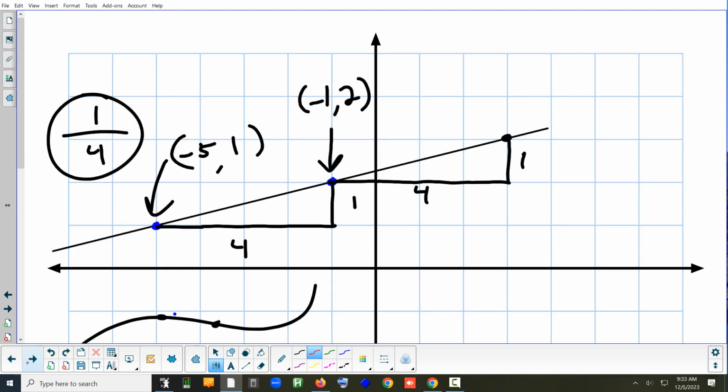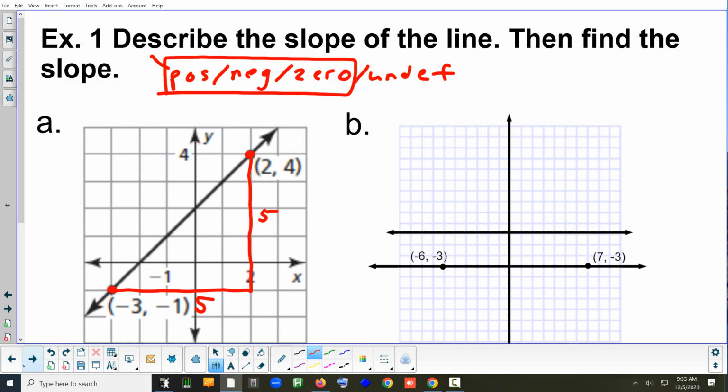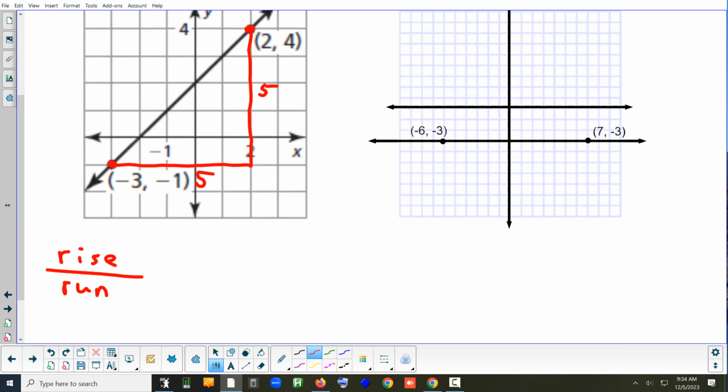Positive. So they are both positives. So for the rise, positive 5. For the run, positive 5. So what's 5 divided by 5? 1. So that's the slope.